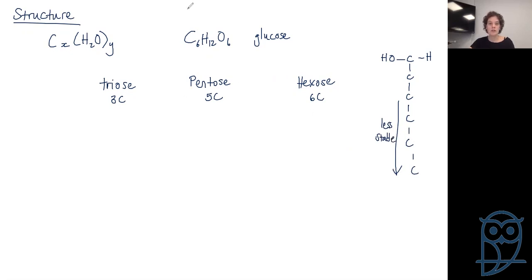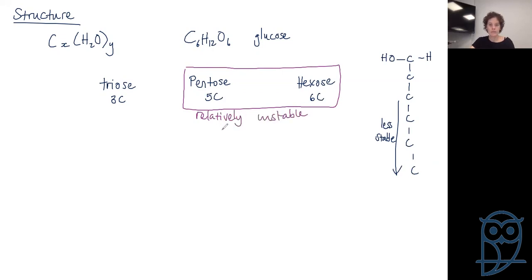So our pentose and hexose sugars have a problem. In chain form, they're less stable. We don't like instability because instability can contribute to lack of control, and it can contribute to things going wrong.